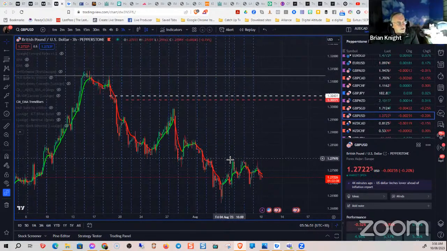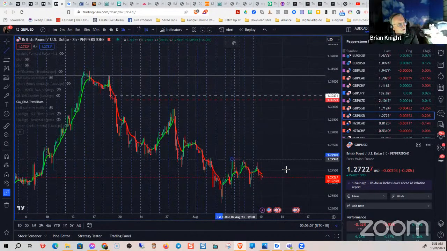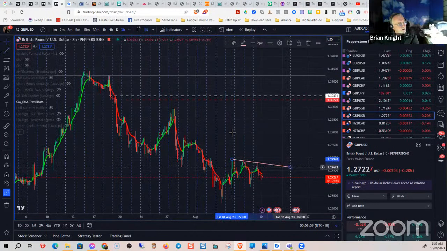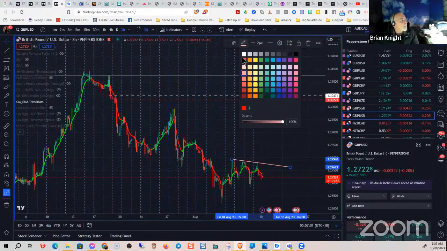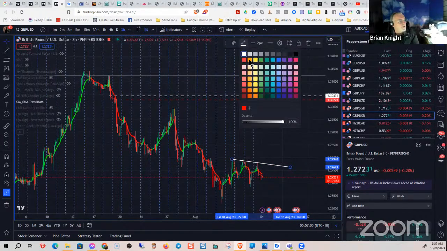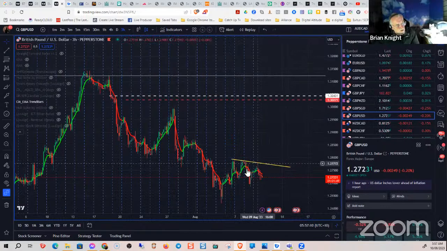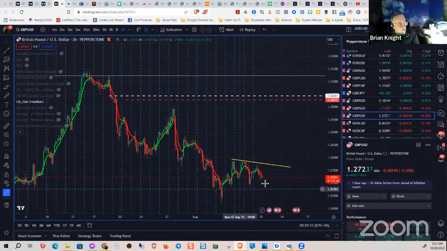But what I can see is if I put a trend line across here, you can see it slowly moving itself down, or wedging even.